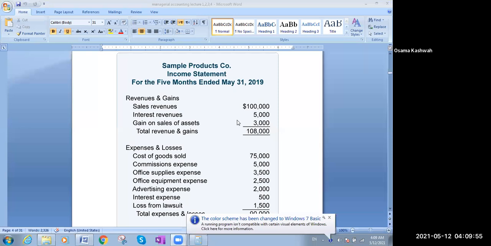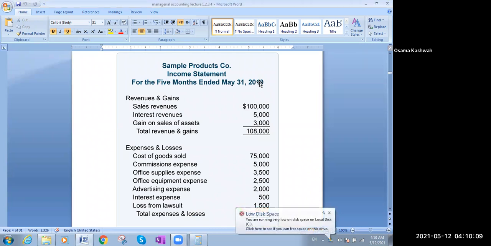Let me remind you, but first I have to share my screen, so everybody can see what is here. As you see now, the income statement is usually prepared for the year ended in, or for the months ended in, or for a period like quarterly, semi-annually or annually.